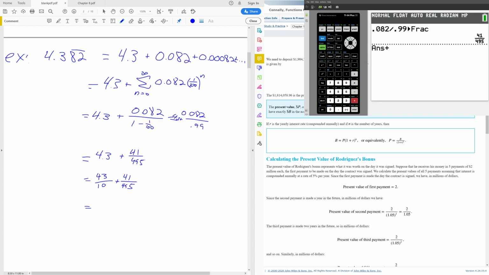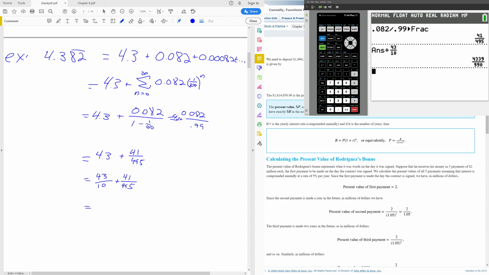So plus 43 tenths. Let's make that a fraction. Because usually if you use fractions, it will give you your answer in fractions. And there's our final answer, right?